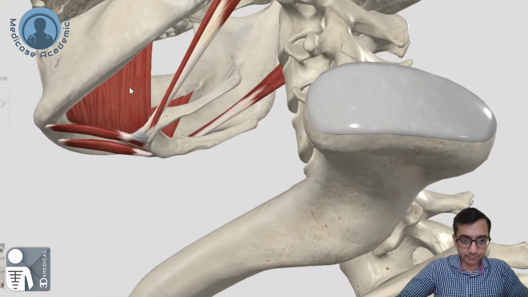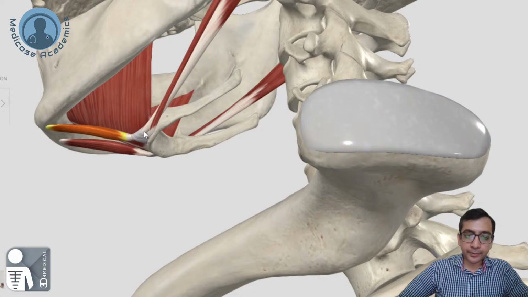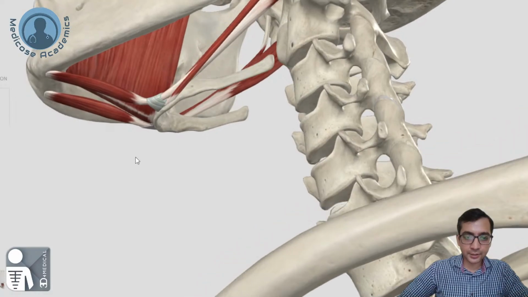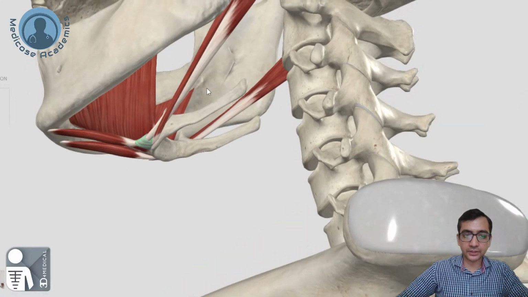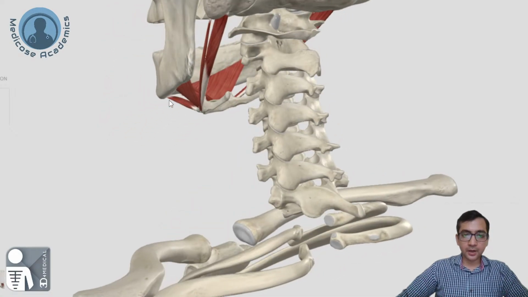So this is the digastric muscle. Anterior belly attached to the digastric fossa on the inferior margin of the mandible. The tendinous part changes its direction through the fibrous sling attached to the hyoid bone, and then the posterior belly of the digastric. So these are all the muscles as we see them.